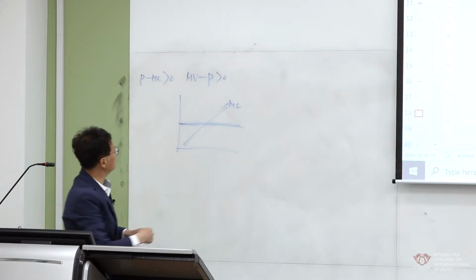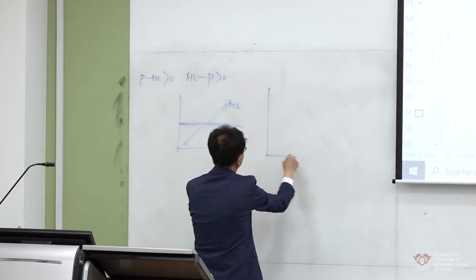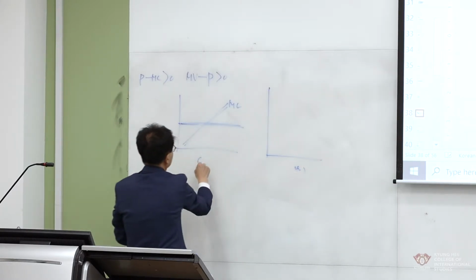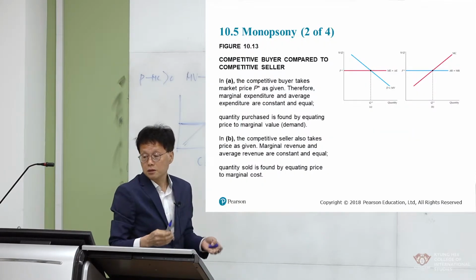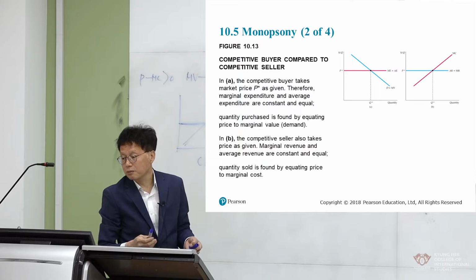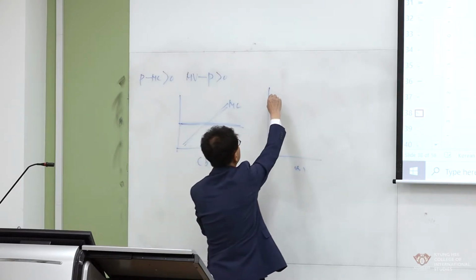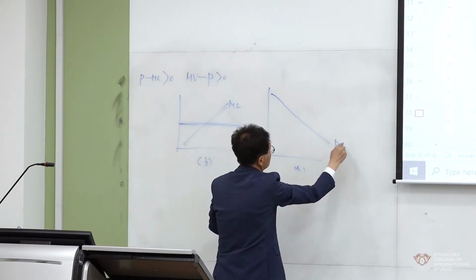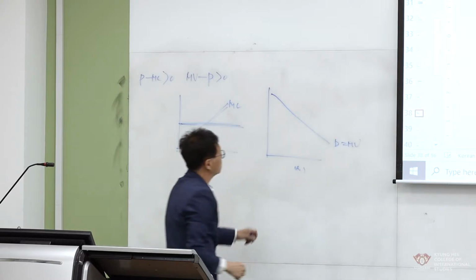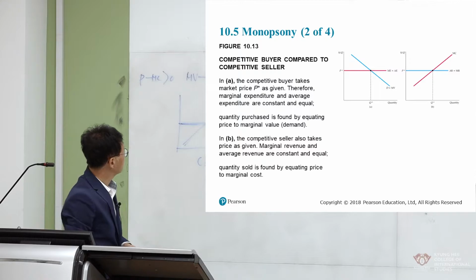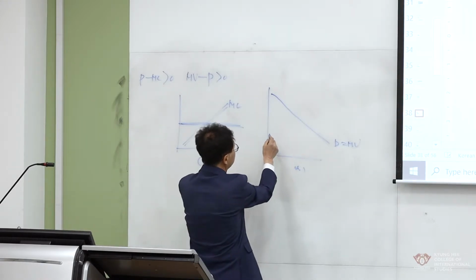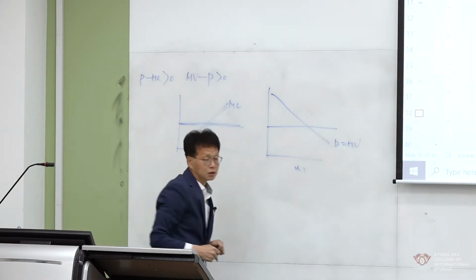The competitive buyer case is like this, in panel A. Each buyer's marginal demand curve, or marginal value or marginal utility curve, is like this, and buyers face a horizontal supply curve.